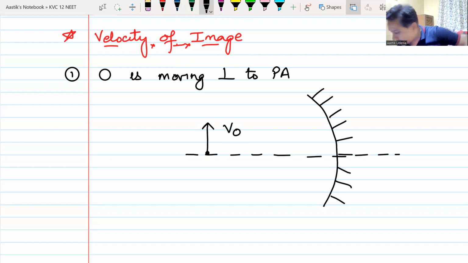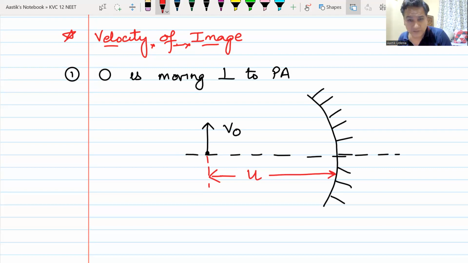We just have to find out the formula for the velocity of the image. To understand this, I will just write the things. This is the distance of the object.